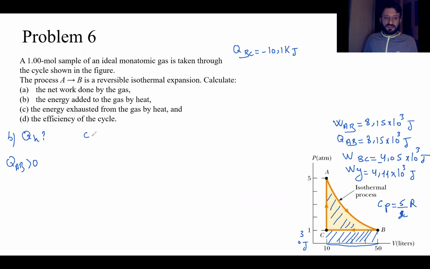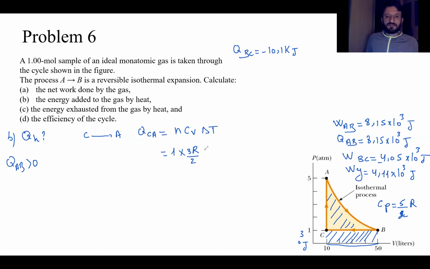Anyway, for CA, we have an isovolumetric process, or isochoric process. So QCA equals nCV delta T. We calculate its value: CV equals 3R over 2.